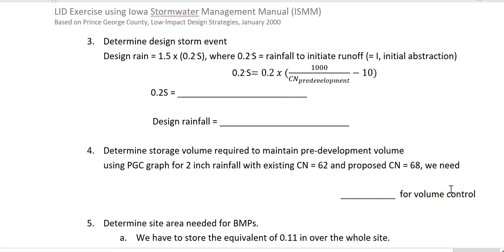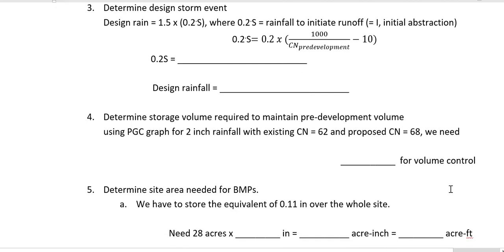All right, the next step, we have to determine the design storm event that we're going to use to calculate our runoff. And the guidance document tells us that the design rain is 1.5 times the initial abstraction. We've done this in class several times now.